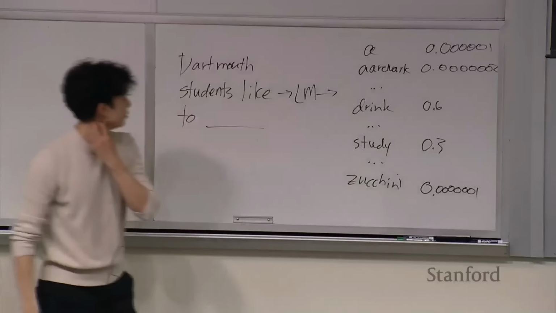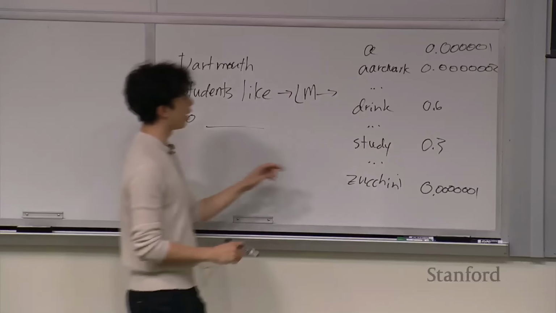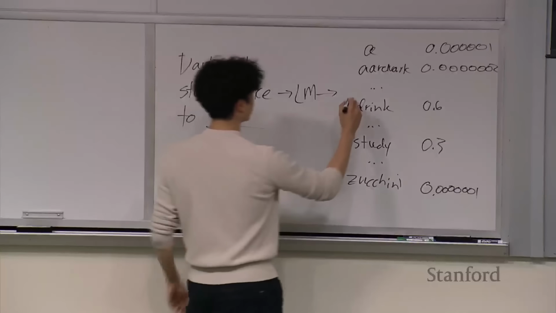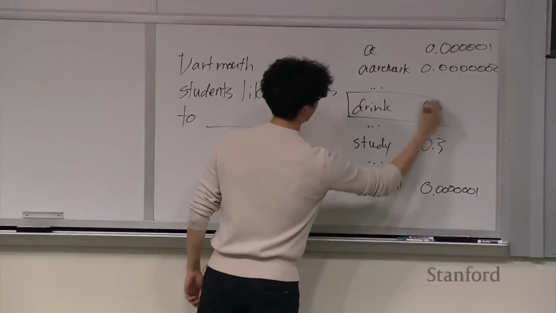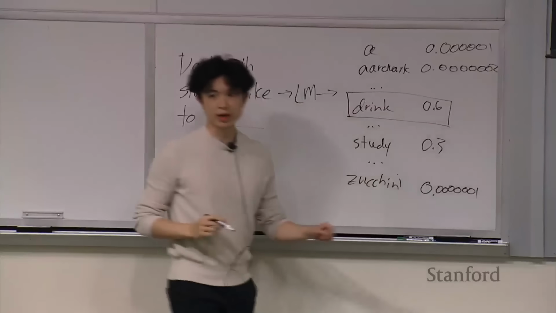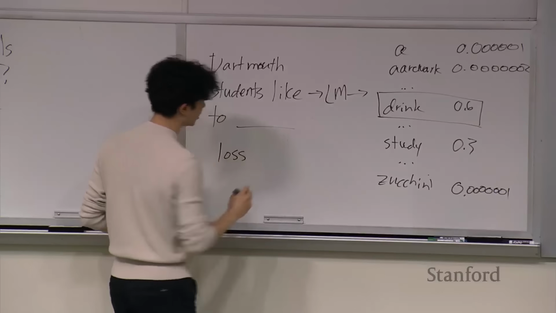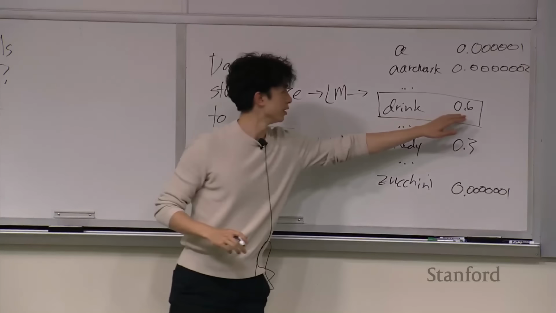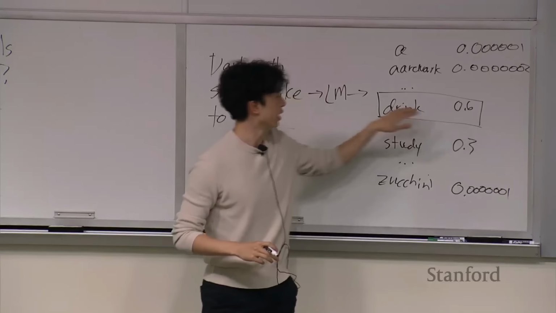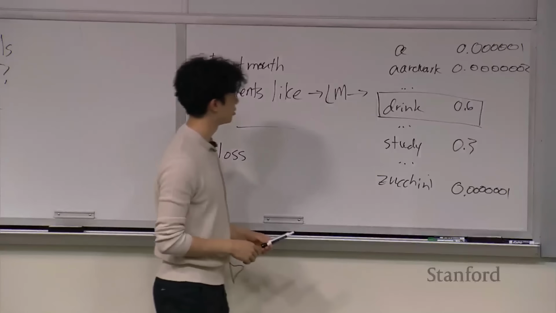And the way that you train the language model is you say, let's say drink is the correct word here. I want this number here, 0.6, to be as close as possible to 1. So your loss is basically how close is the probability of the actual next word, and you want this loss to be as low as possible.